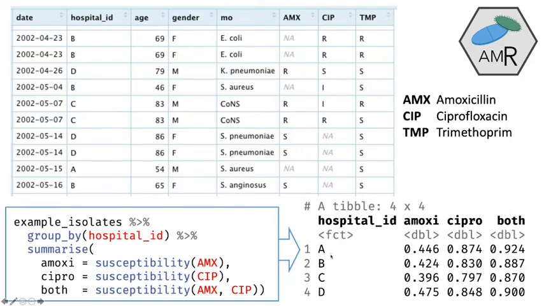And here you see, again grouped by hospital, that the susceptibility to amoxicillin is 44.6%. Of course, it's 1 minus the 55.4 we saw earlier. And you see also here that ciprofloxacin is way more successful than amoxicillin as a monotherapy.